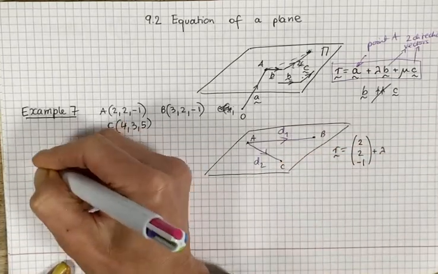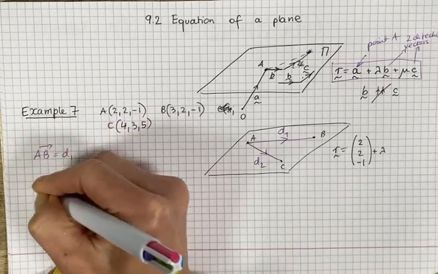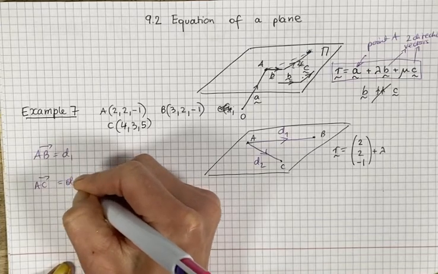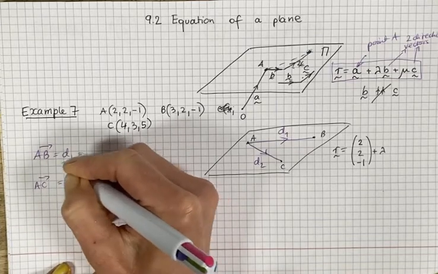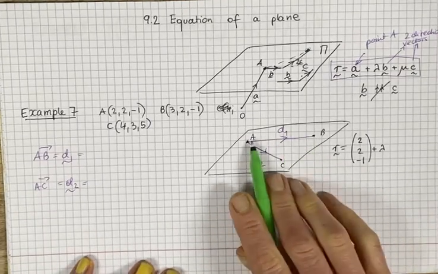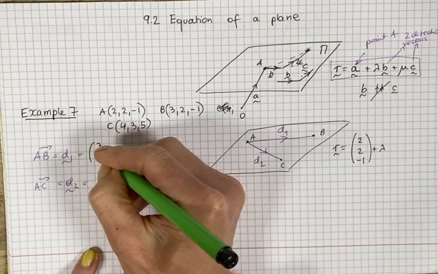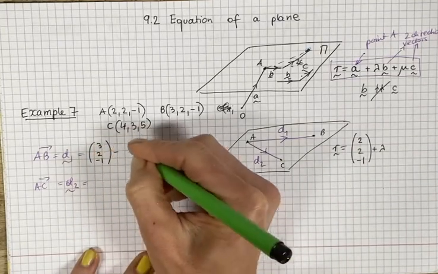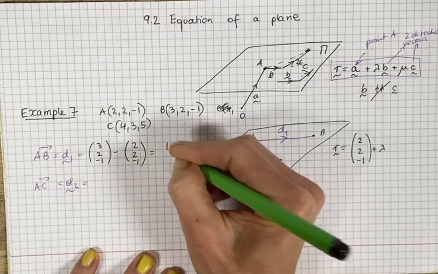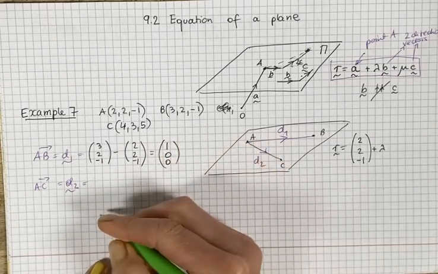So my AB is going to be D1, and AC is going to be D2. Let's find this. It's going to be B subtract A. B was 3, 2, minus 1, take away 2, 2, minus 1. So it's 1, 0, 0.